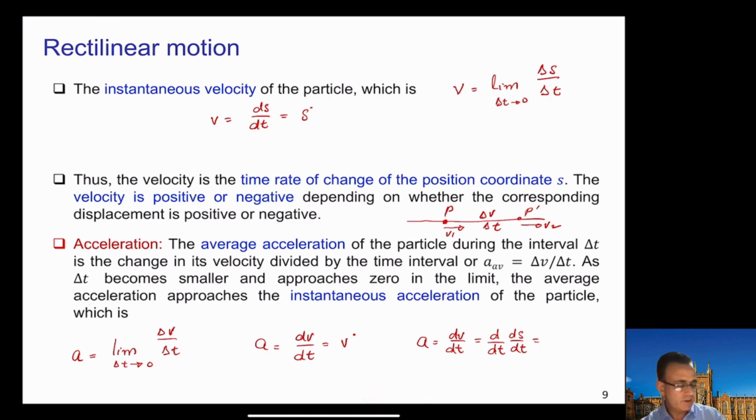This becomes the second derivative of the displacement. So you can write a is d square s divided by dt square, and we can write this as s double dot. So s double dot means the second derivative of the displacement with respect to time.